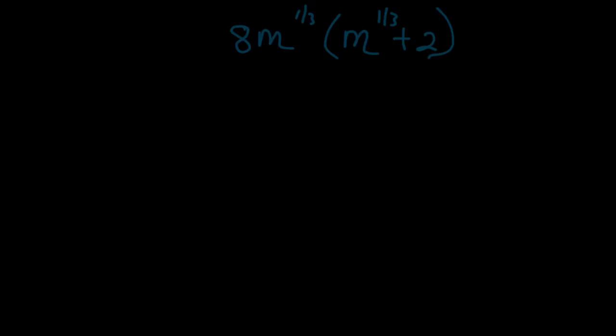In this problem, do we need the parentheses? Well, actually here, yes, because we have a plus here. That plus means that we're distributing the 8m to the 1/3 to both of the terms on the inside. Multiplying the first, coefficients 8 times 1 is 8m, and to multiply m to the 1/3 times m to the 1/3, you add exponents, so 1/3 plus 1/3 is 2/3.